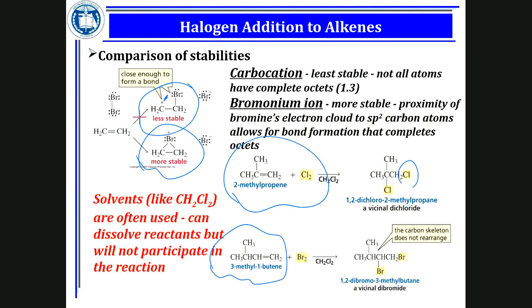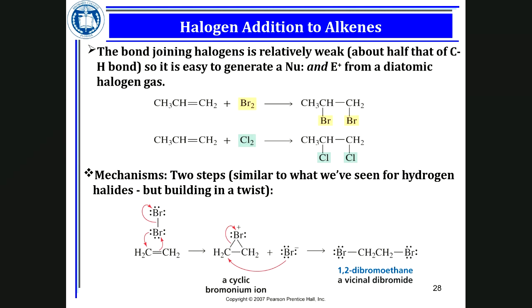And what happens when the second Br comes in to add to the triangle? When the Br minus comes in to add to this triangle, count the number of bonds you have on the carbon. How many bonds you have on this carbon? Already, you have 2 hydrogens attached, 1 bromine, and 1 carbon bond.